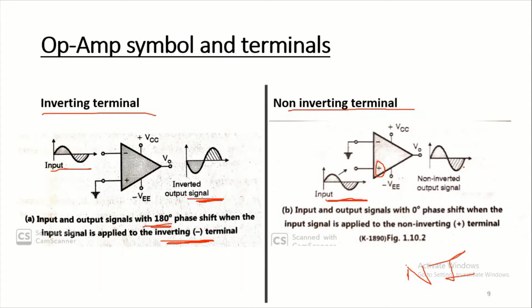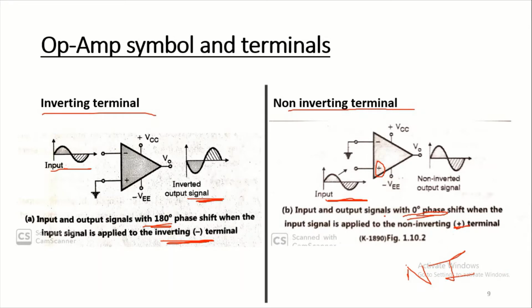For both input and output, the first half cycle is positive and the second half cycle is negative. Means both input and output are in phase with each other, means we get a non-inverted output signal. Input and output signals with zero phase shift. Non-inverted output signal means they have zero phase shift when the input signal is applied to the non-inverting terminal, the plus terminal.